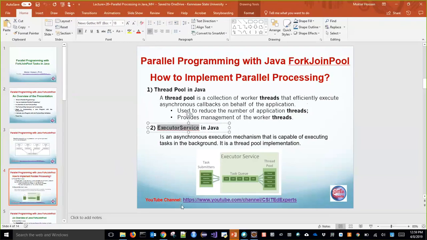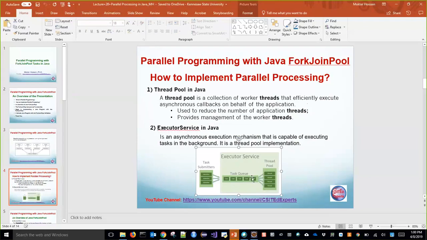The concept of executor service is still available, and we can still program this way. In the executor service there will be a thread pool, and from the thread pool there will be task queues.